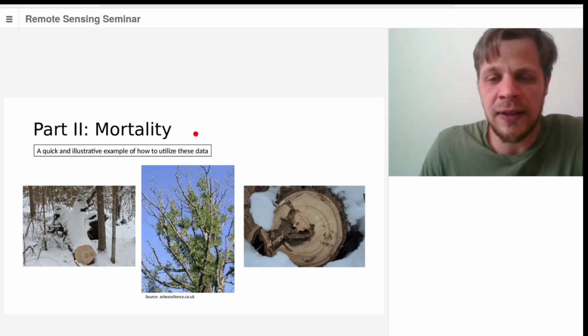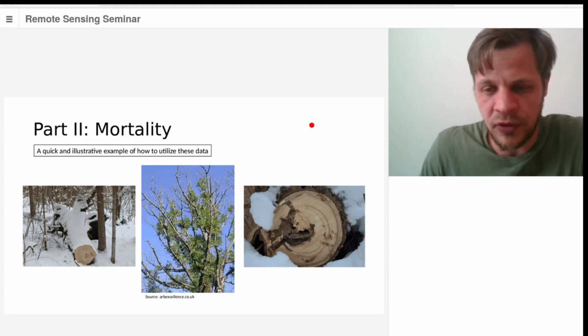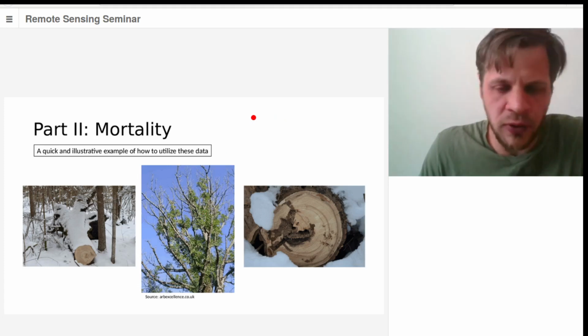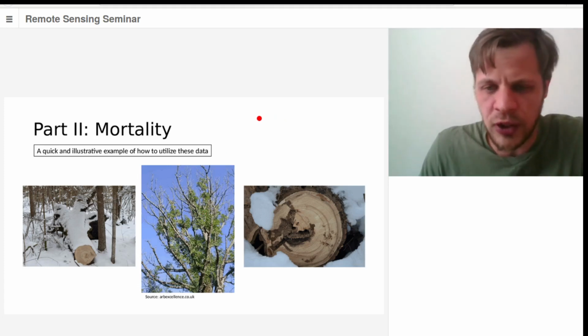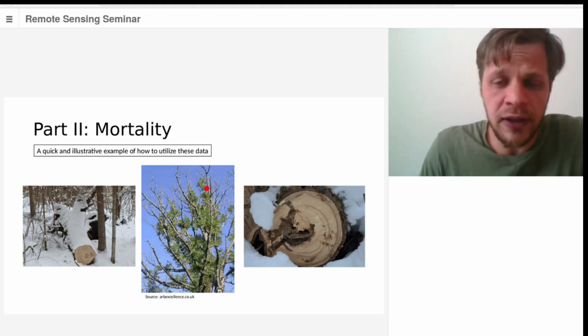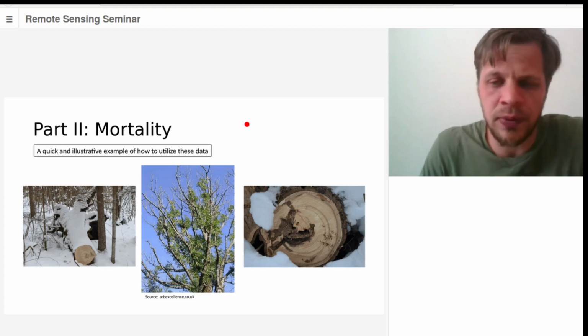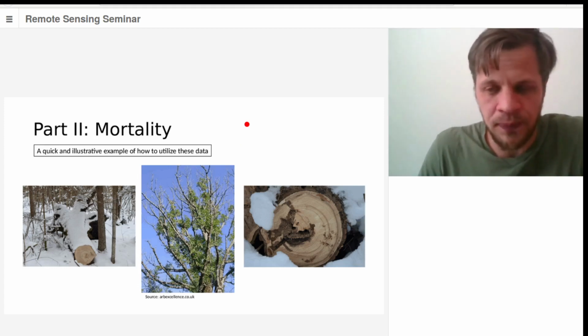I said in the beginning that I'm talking about this prominent tree disease, which is ash dieback. I'm quite sure that most of you have already heard of it. It's a fungus that entered Europe in the early 1990s and is affecting our European ash.